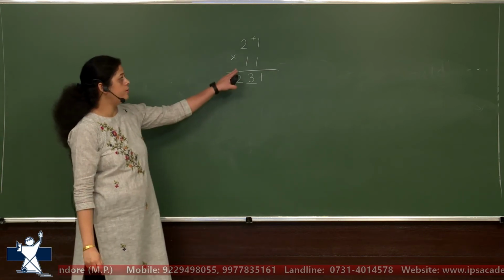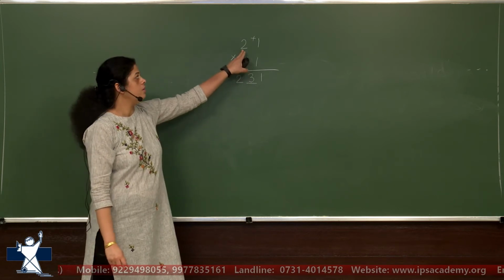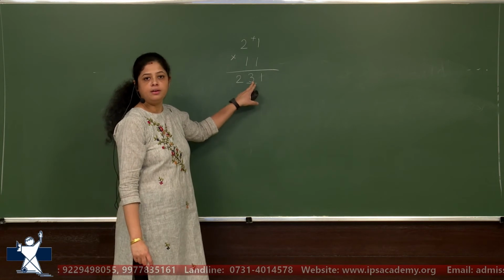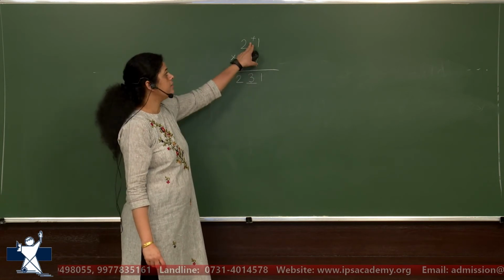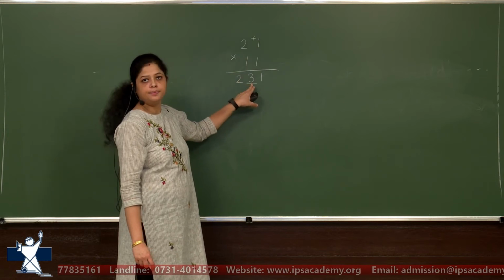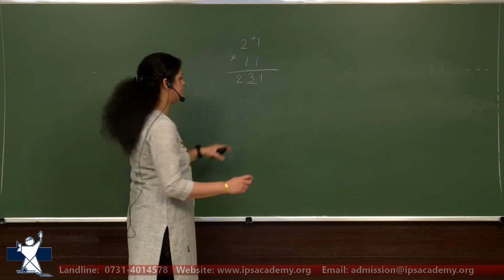So if you want to multiply any number by 11, what do we do? We write the digits as they are. In between we will leave the gap, add the digits, आपस में add करो, 2 plus 1 is 3, write the sum here. So any number you can multiply by 11 with this trick.